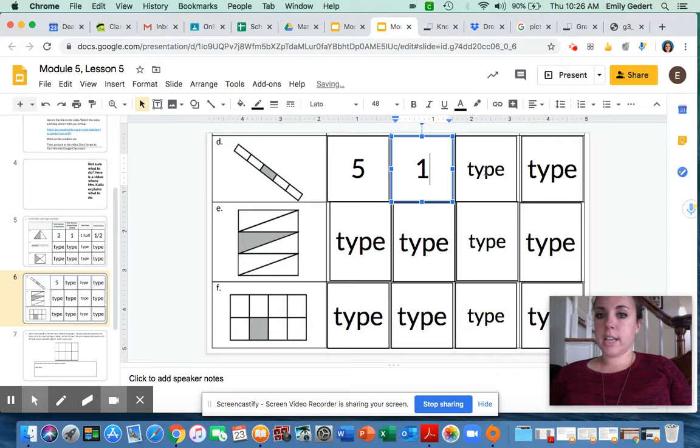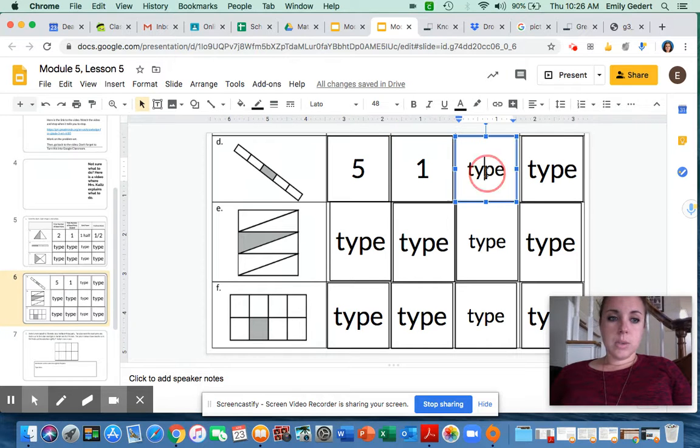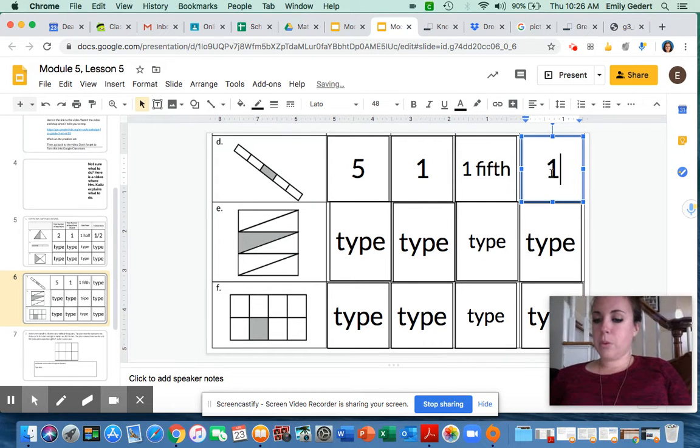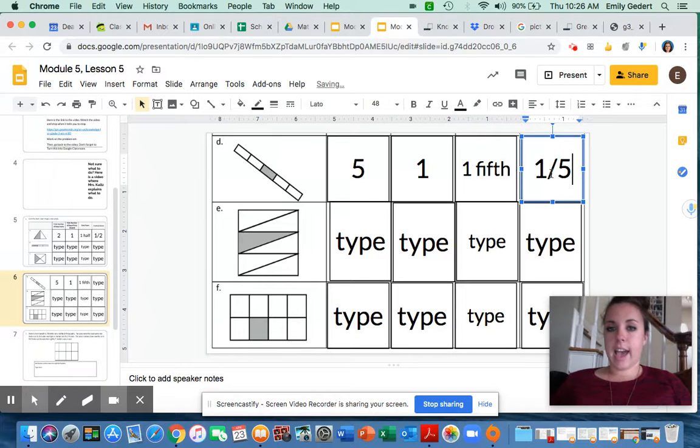This one has 1 part shaded. This one is unit form, so it's 1/5. Remember, think of the grades: when there are 5 grades, you're in 5th grade. And then over here, your fraction form will be 1/5. And I'm actually going to leave that one done for you.